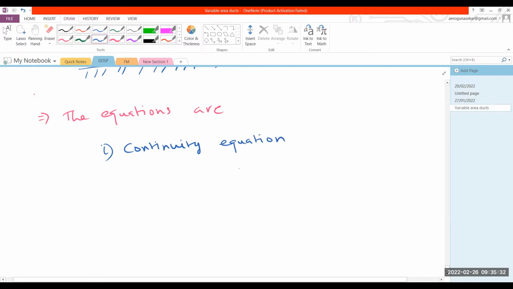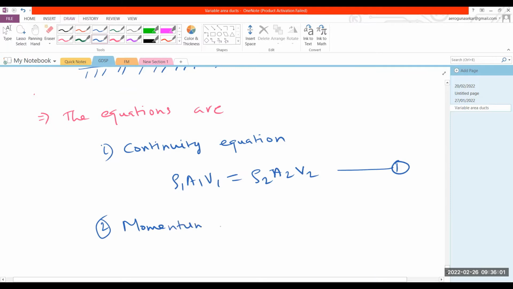Taking the continuity equation, you know well that it is nothing but rho 1 A1 V1 equal to rho 2 A2 V2. So this is equation number 1. Then the second equation will be the momentum equation.